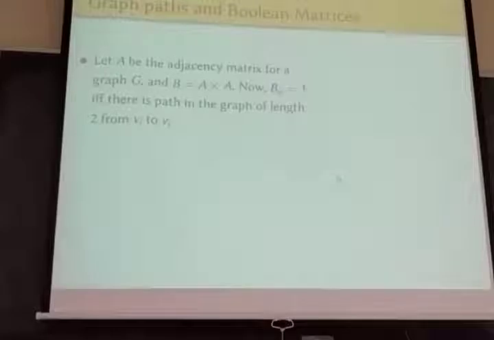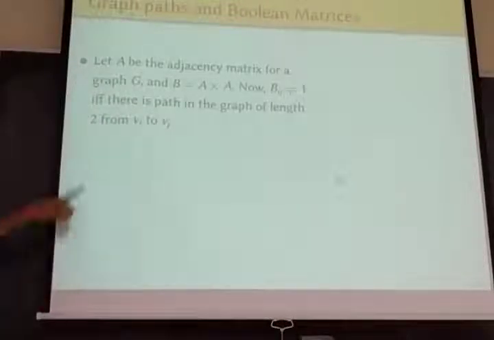So at the very end, I want to talk about an interesting relationship between boolean matrices and paths in graphs. Earlier on, we said that we can represent a graph using an adjacency matrix where Aij equals 1 if there is an edge between i and j.